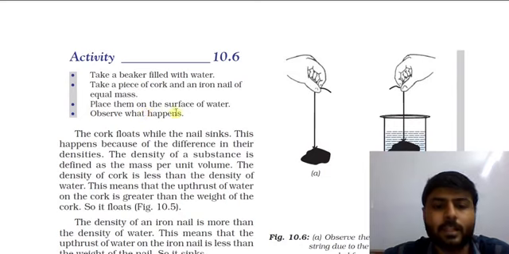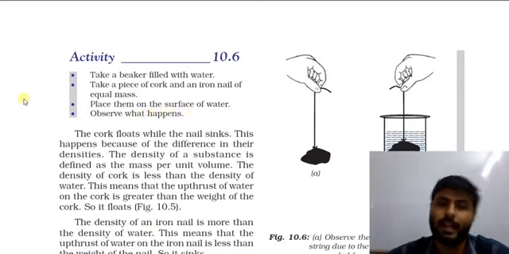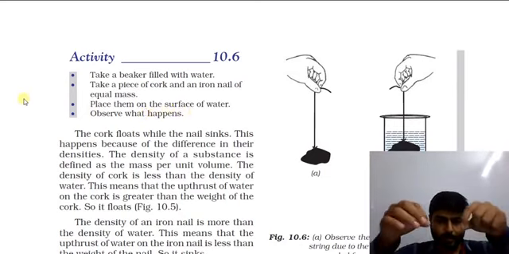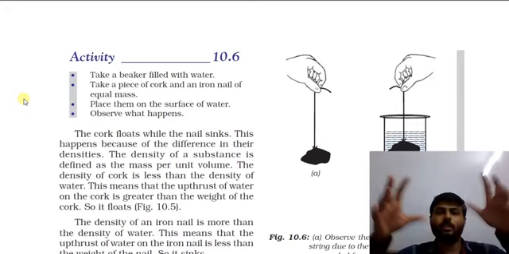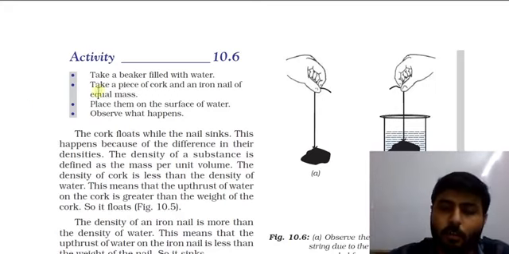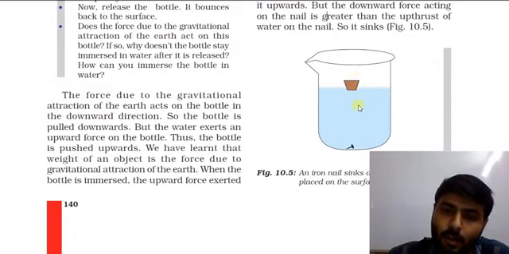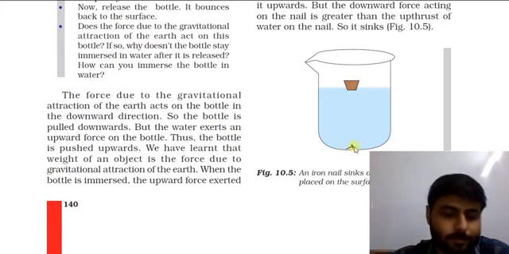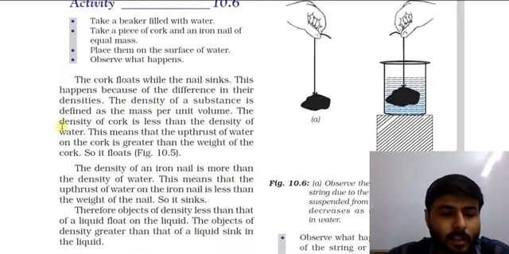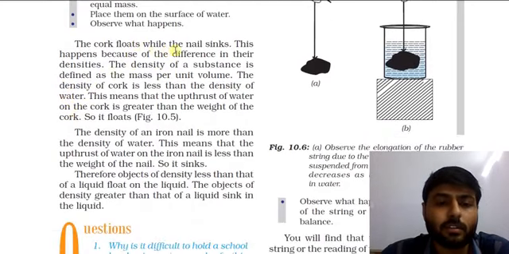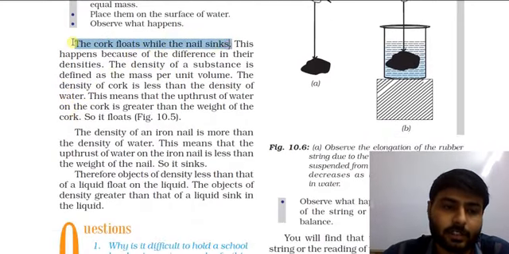Place them on the surface of water. What will happen? We can see here this cork or wood will float in water and this nail will sink in water. The cork floats while the nail sinks.